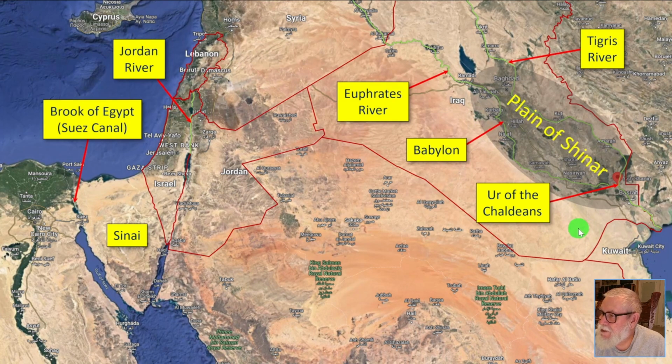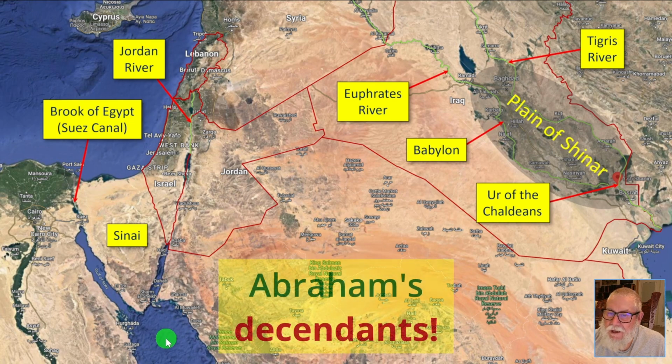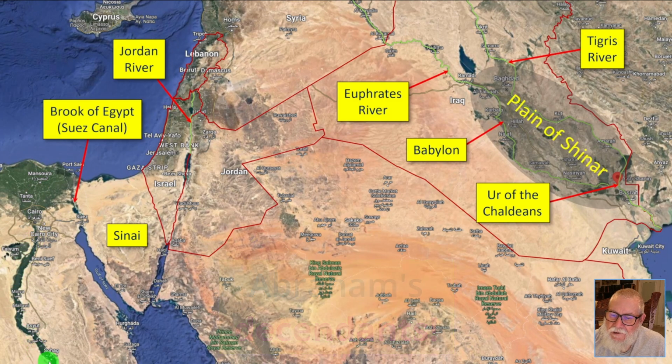Let's see, what else is there to say here? Just as an aside, in Genesis 15, verses 18 to 21, God promised Abraham all of the land between the river of Egypt, that is the Nile, not to be confused with the brook of Egypt, so from there all the way to the Euphrates River.